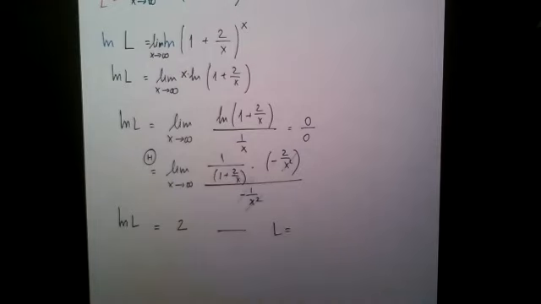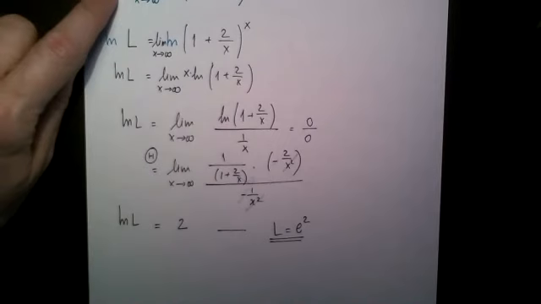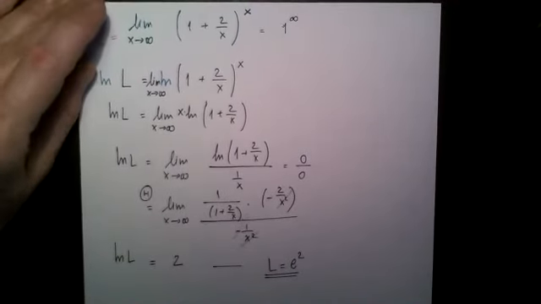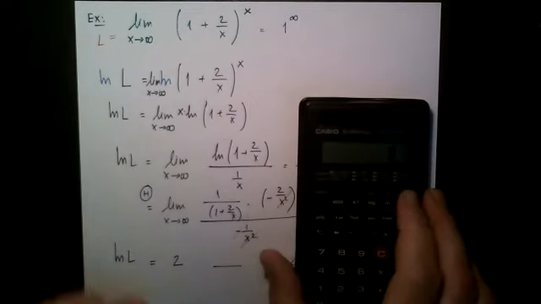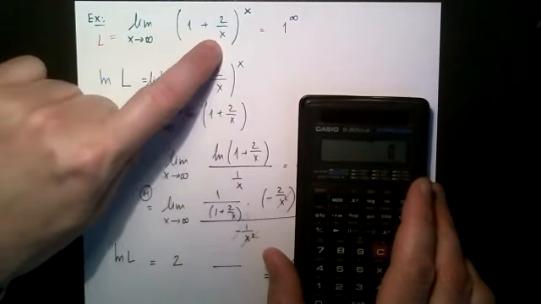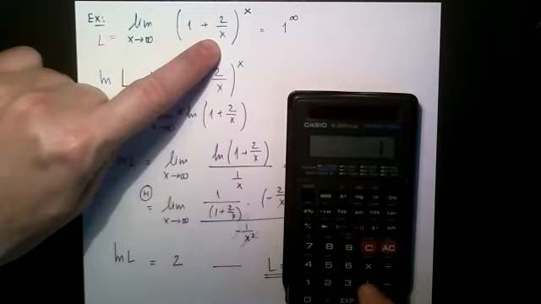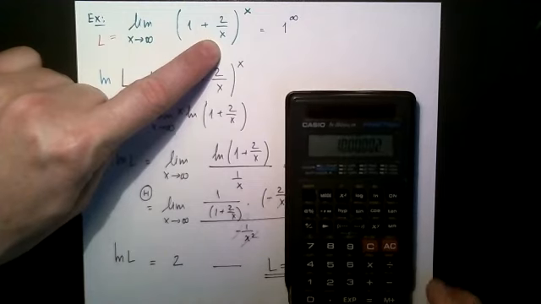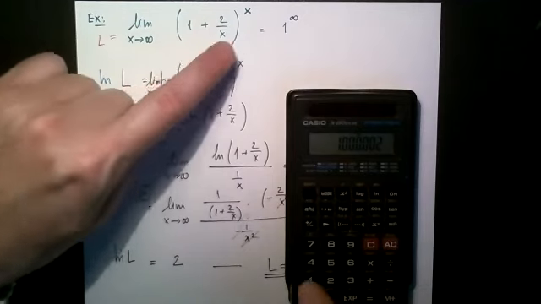So the limit is what? e power 2. So the limit of this is e to the power of 2. If you take your calculator and put a million here: 1 plus 2 divided by a million, I get 1.000002. And I put this to the power of a million.